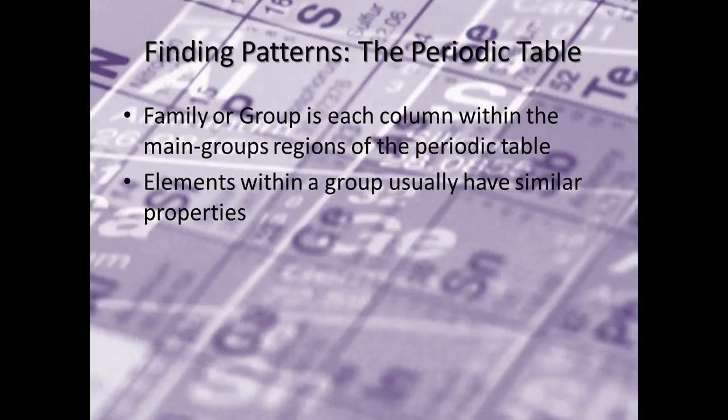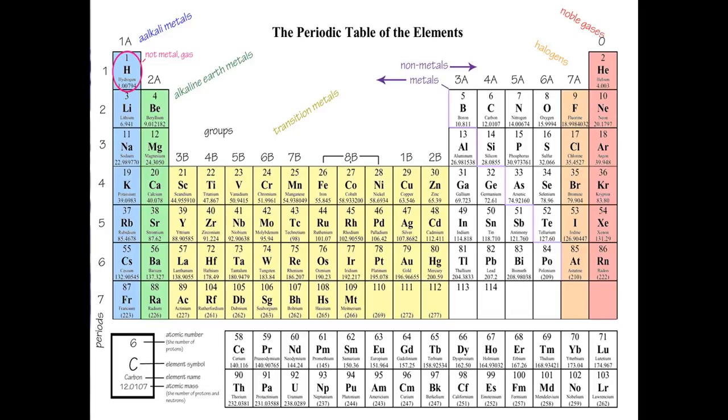Family or group is each column within the main group regions of the periodic table. Elements within a group usually have similar properties. And as you can see, we have all the groups. You have alkali metals, alkaline earth metals, transition metals, nonmetals, halogens, and noble gases.